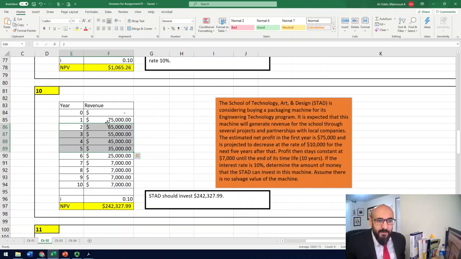So $75,000 in the first year, $65,000 in the second year, $55,000 in the third year, and in the fourth year we'll get $45,000 as a profit, $35,000 in the fifth year, and $25,000 in the sixth year.